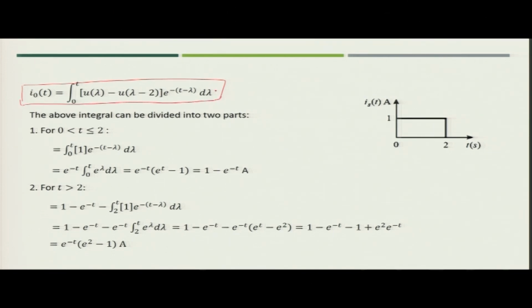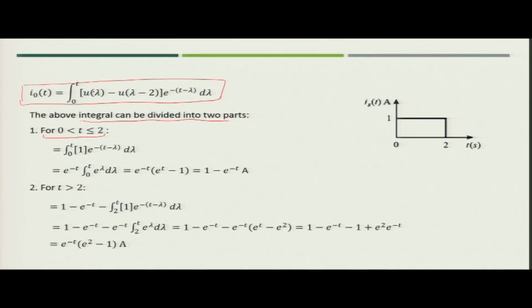Now, if you see this particular integral, you can divide it into two parts. For time t ranging between 0 to 2, the u lambda minus 2 term will be 0, because it will be 1 only when t is greater than 2. So, we are left with only u lambda, which is 1 for t greater than 0, and e to the power minus t minus lambda.